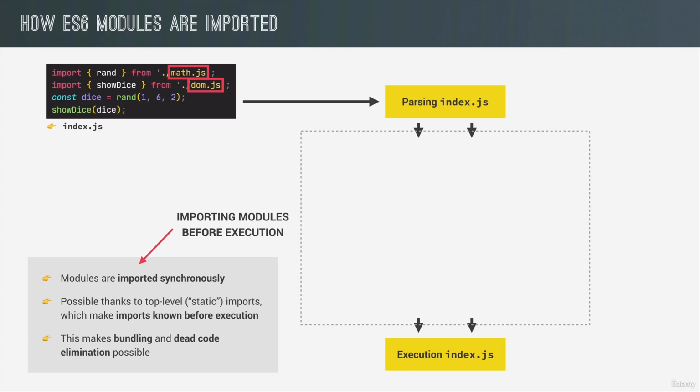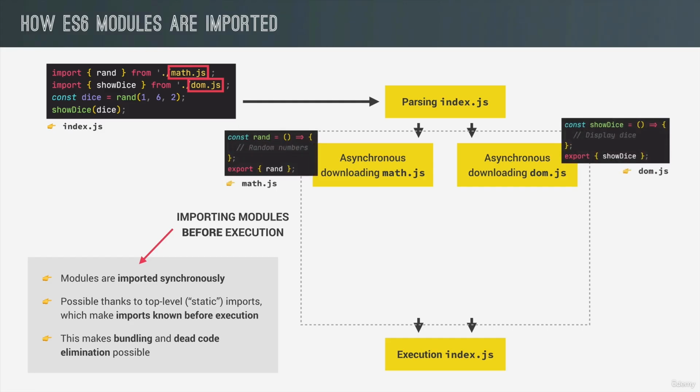So after the parsing process has figured out which modules it needs to import, then these modules are actually downloaded from the server. And remember, downloading actually happens in an asynchronous way. It is only the importing operation itself that happens synchronously. Okay?